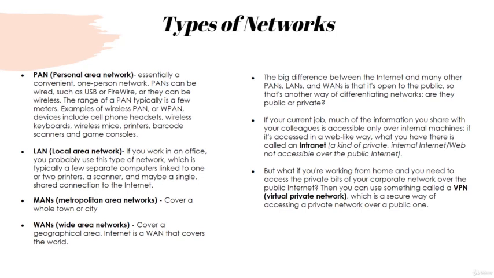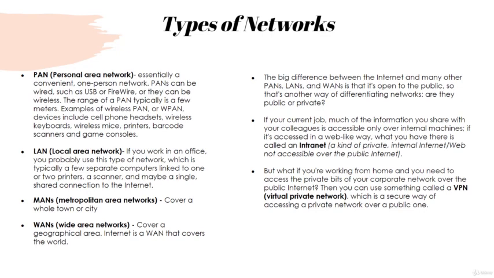I remember years back when I had my office job, the company had 4 to 5 different printers in the actual office, and depending on where you were working, you had access to a certain printer. If you were, let's say, on the north side of the building, then you would have access to one type of printer and scanner. And if you were on the west side or the south side of the office building, then you would have access to a different printer. So that's how you can think of a local area network.